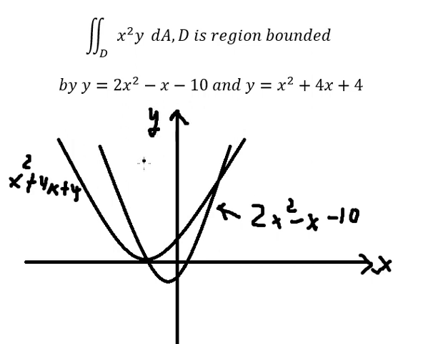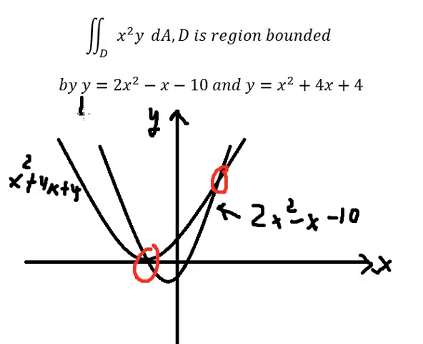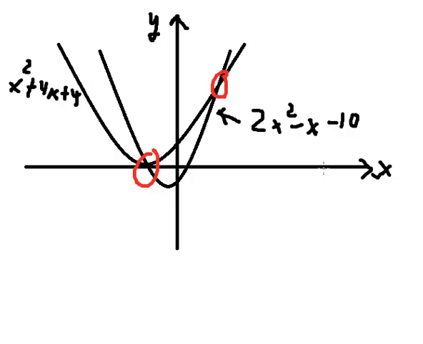So the next one, we need to find the intersection in here and here. To do this, we can see that we have y and y, so we set this function equal to this function.